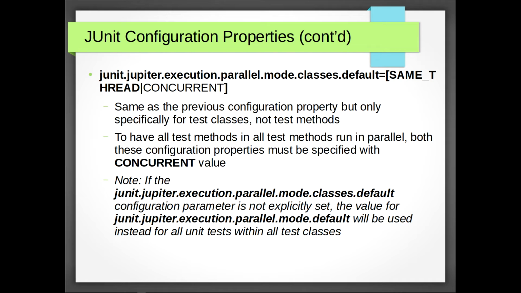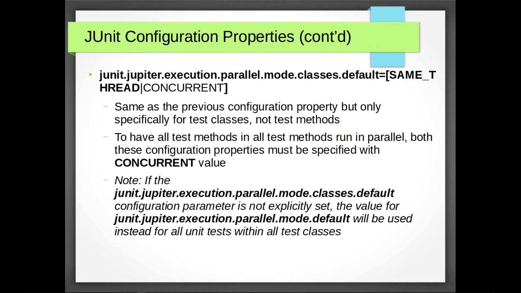And so as a note, if the junit.jupiter.execution.parallel.mode.classes.default configuration parameter is not explicitly set, the value for junit.jupiter.execution.parallel.mode.default will be used instead for all unit tests within all test classes. So for example, if we set it to concurrent, then all the unit tests within all the test classes will try to run in parallel if you don't set this variable which has the word classes in it.